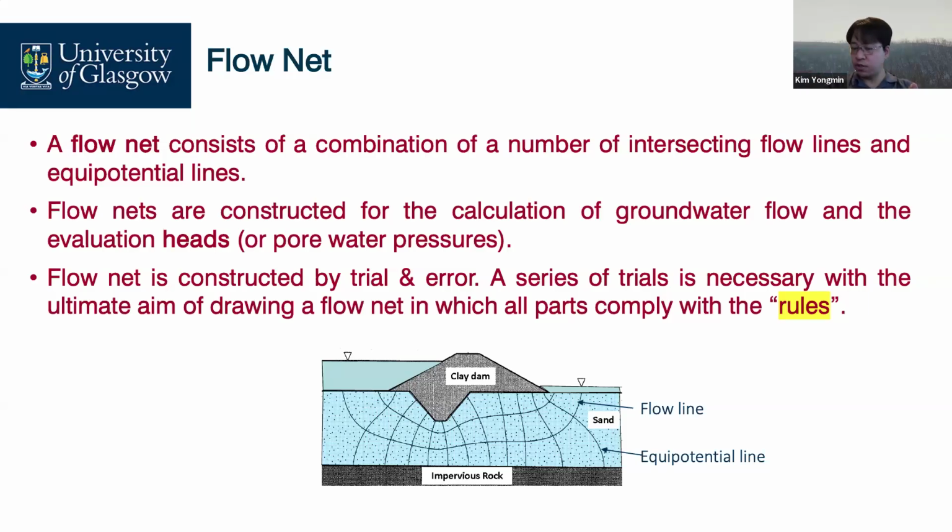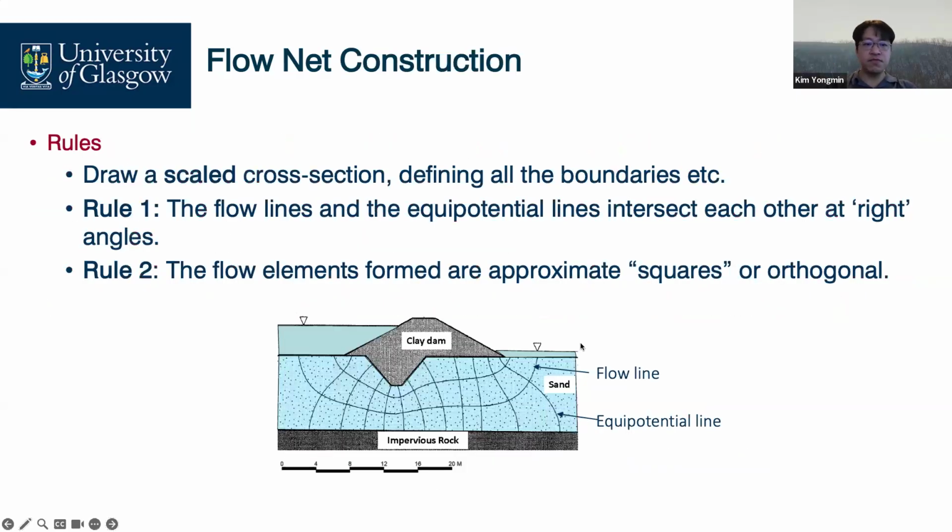This is natural. But we need to construct this flow net by our hands, in which case we need the rules. First one, the flow line and equipotential line intersect each other at a right angle. Most of them 90 degrees, 90 degrees, 90 degrees.